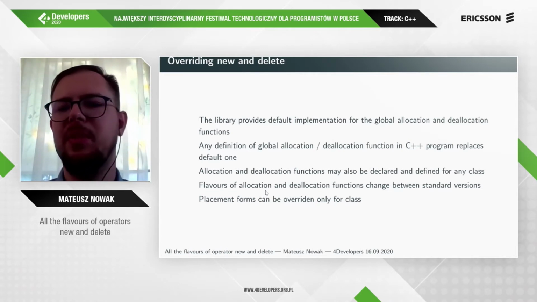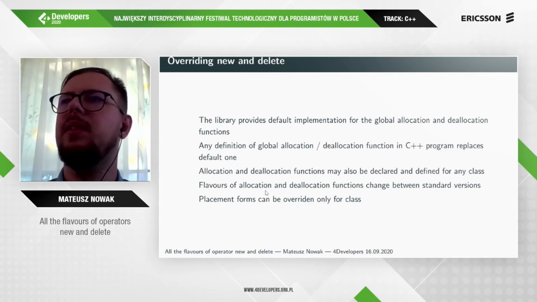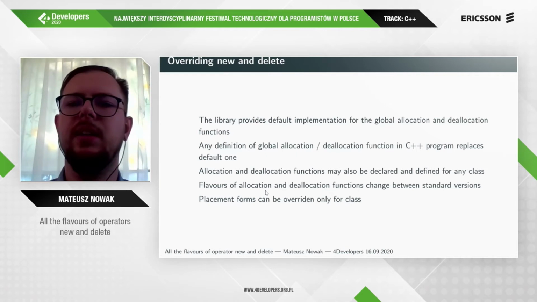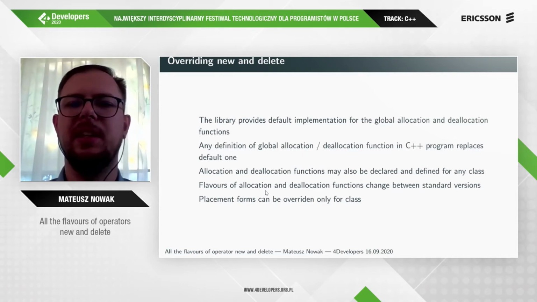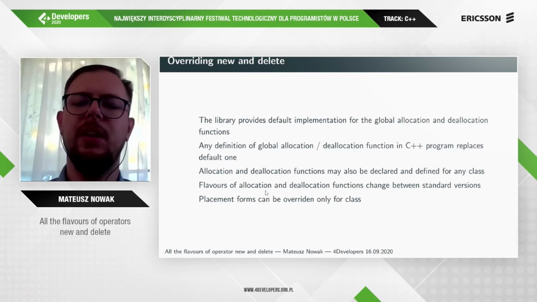There is a proposal I saw in the last C++ standard mailing to make operator new optional. So this may change in future standard versions, but for now, this is guaranteed to be there.